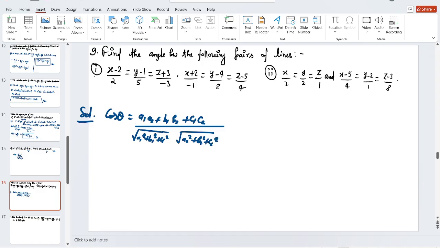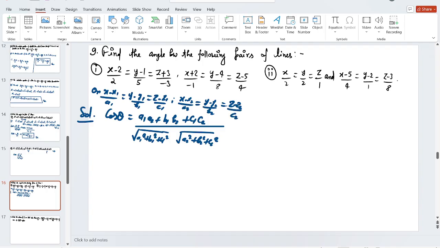So on comparing these equations: x minus x1 by a1, y minus y1 by b1, z minus z1 by c1, and x minus x2 by a2, y minus y2 by b2, and z minus z2 by c2.